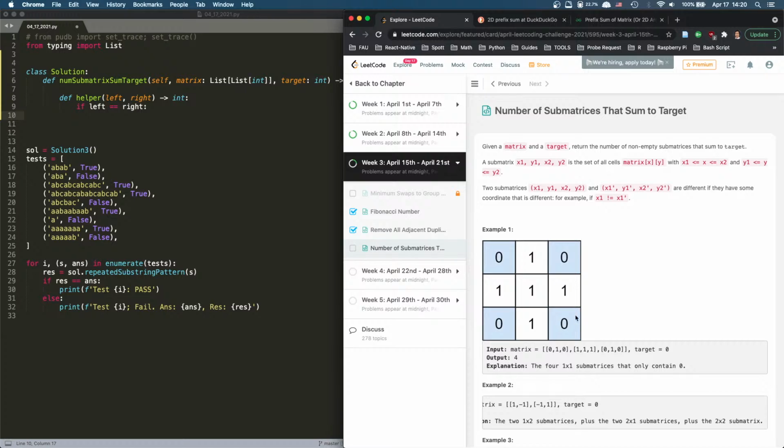this side. So okay, yes, any submatrix can be computed by the prefix sum of this minus the prefix sum of the one ahead, of the left reach, minus the prefix sum of this, and we need to add the front.